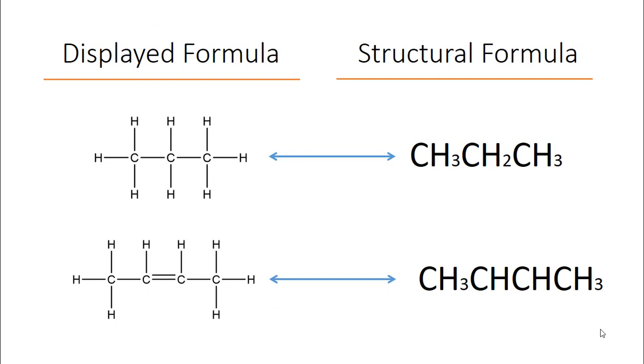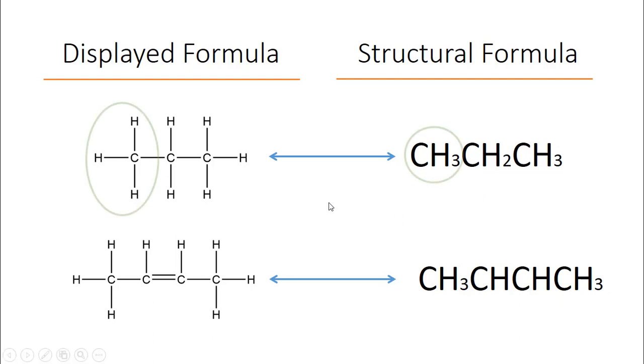One formula you'll have to learn, if you haven't encountered it already, is structural formula. It's a written formula, as you can see here on the right, and it shows the different groups of atoms as they appear in the structure of the molecule. This is best explained through an example.